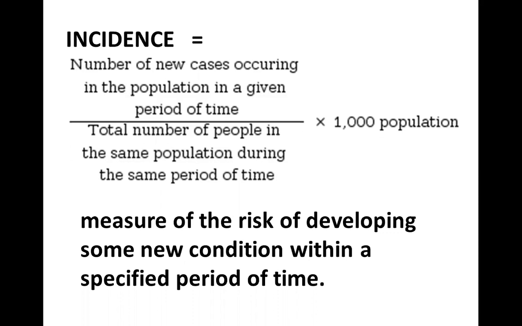So they would say 7 people dead, 8 people dead, 9 people dead, all within that day, right? So this is the measure of the risk of developing some new condition within a specified period of time. So whenever you see incidence, now you have to assume that people know what they're talking about, but incidence is specific to new cases that have appeared. Okay.